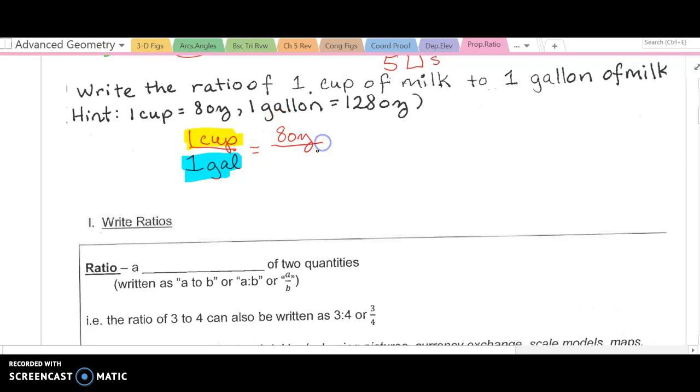So I'm going to say 8 ounces is to 128 ounces, and then we're going to reduce that fraction. 8 goes into 128 16 times, so that would be a ratio of 1 to 16. And you don't even need units on that. The units essentially cancel out for that ratio. So for every 1 cup, you have 16 of those cups in a gallon, essentially, is what we're saying by that.